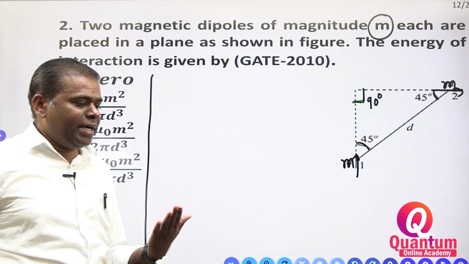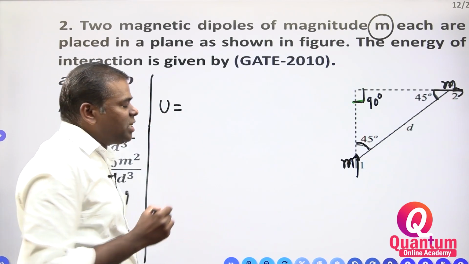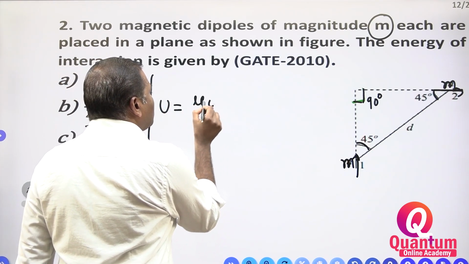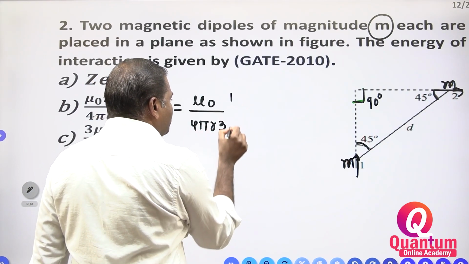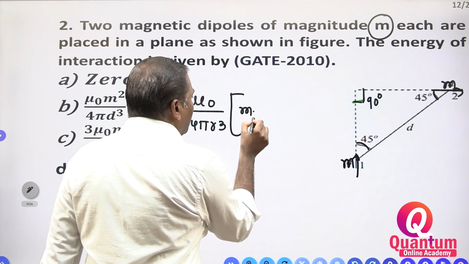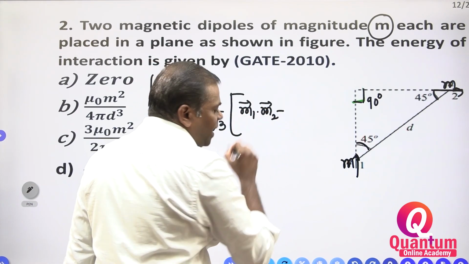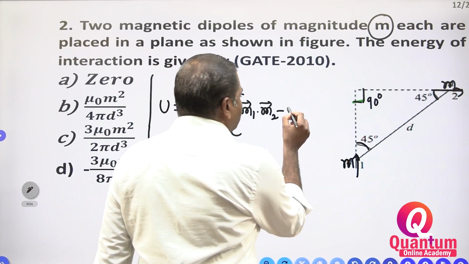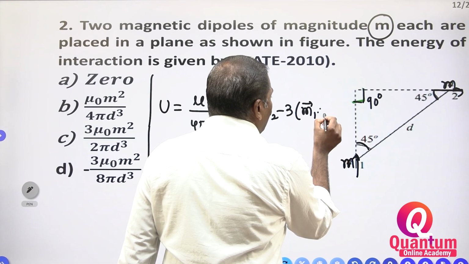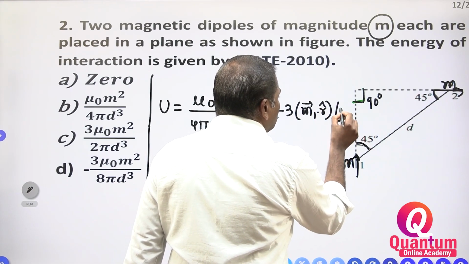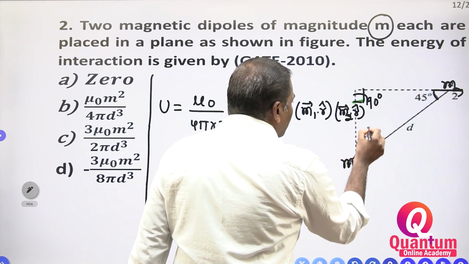The energy of the interaction, you know, U is equal to mu naught by 4 pi r cube into m1 dot m2 minus 3 into m1 dot r cap into m2 dot r cap, bracket close.